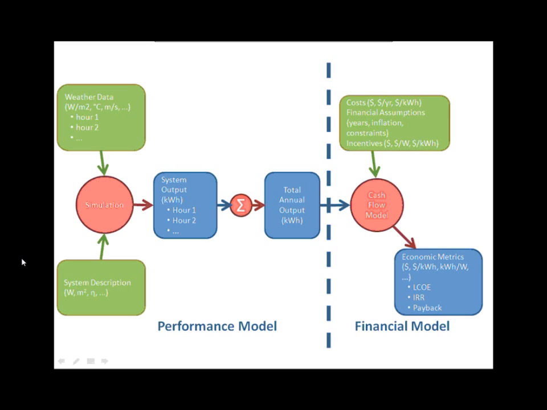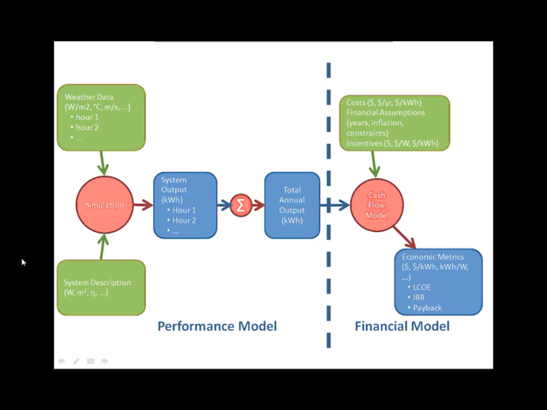And then the blue rectangles represent outputs. So the simulation engine generates a set of hourly values representing the electric output of the system, so kilowatt hours for each hour of the year. And that's the basic output of the simulation engine.